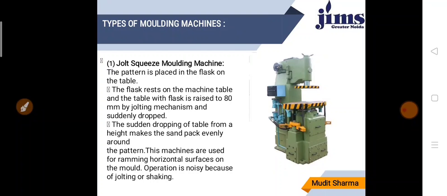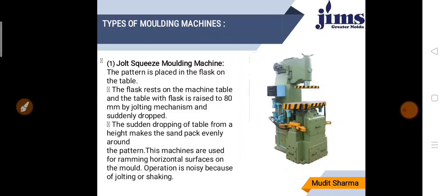There are some common types of molding machine. First one is the jolt or squeezing molding machine. You can see in this diagram, this is the diagram of a jolt or squeeze molding. The pattern is placed in the flask on the table, and the flask rests on the machine table, and the table with the flask is raised to 80 mm by the jolting mechanism.